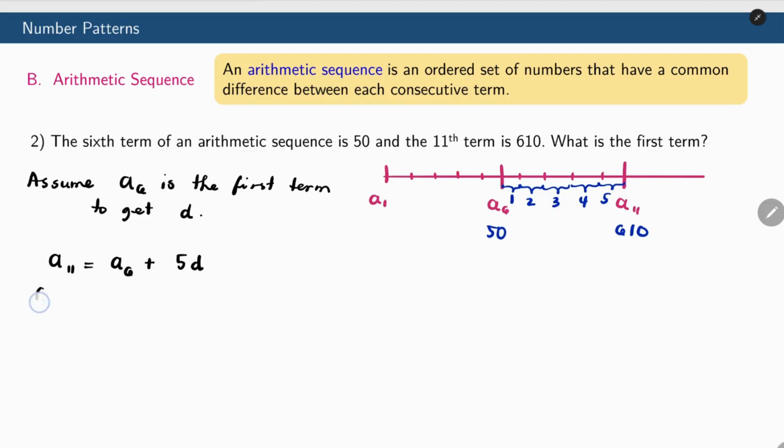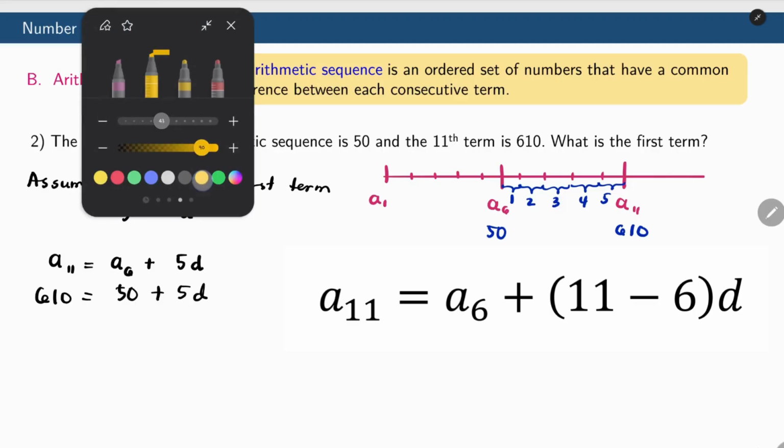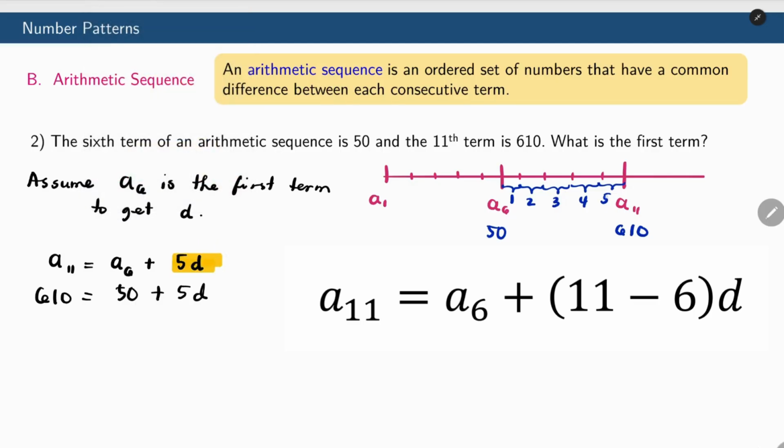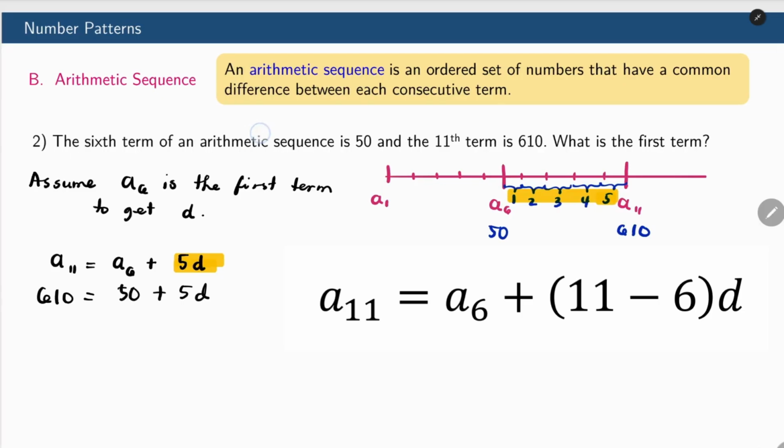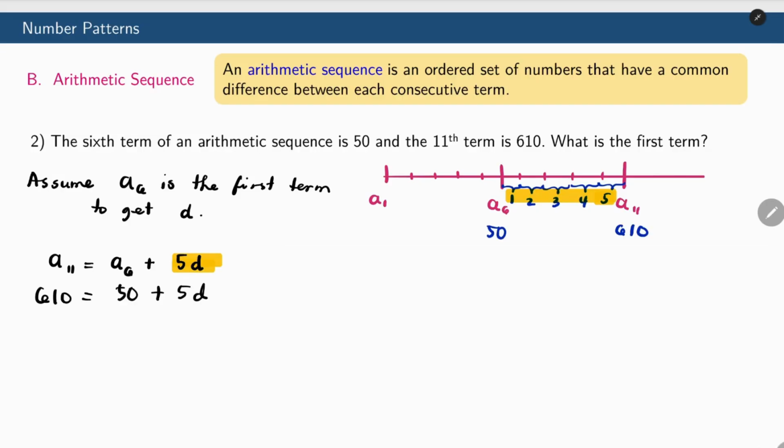A sub 11 is 610 equals 50 plus 5D. Okay, again, saan galing yung 5D? Dito. Ayan, kung ilan yung difference, ilang beses ka nag-add nung common difference. 610 minus 50 equals 5D.